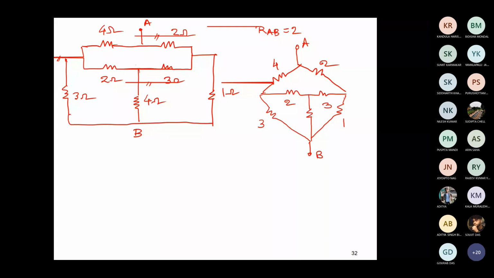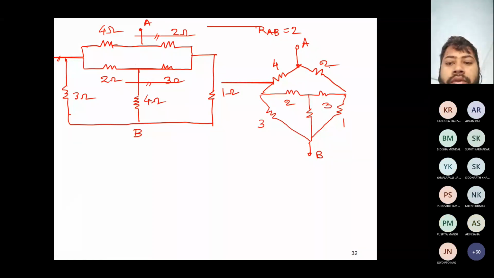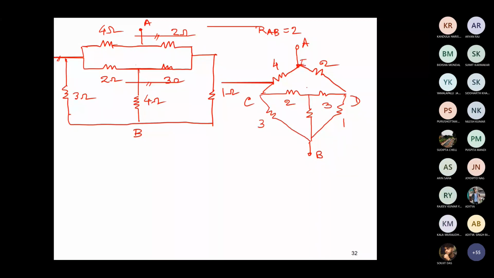So we have to find out between A and B. What shall we do if we convert this first one as a delta? Can we do that? Can we make it a delta? This one, 4, 2, 2, 3. What is your suggestion? Can we apply delta here between these terminals? Let me name it. So maybe it is A, B, C, D, E, F.